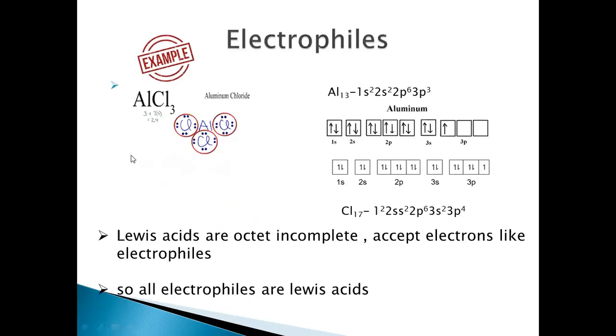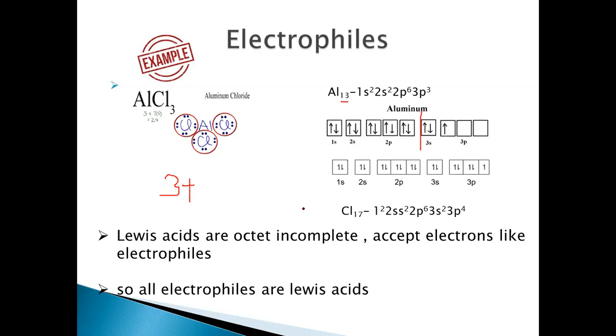And let's look at another example like AlCl3, aluminium trichloride, aluminum chloride. Looking at the electronic configuration of aluminium with atomic number 13, the number of valence electrons is 3.